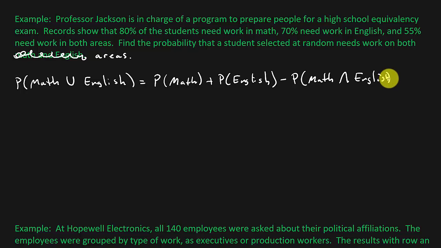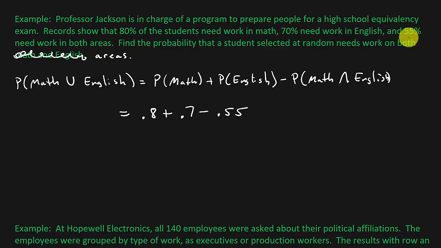And so here we go. Records show 80% of the students need help in math, so that's 0.8, plus the probability that they need help in English, that's 70%, so that's 0.7, minus what they have in common, the ones that need help in both, because remember, they would be counted twice, and that's minus the 0.55.